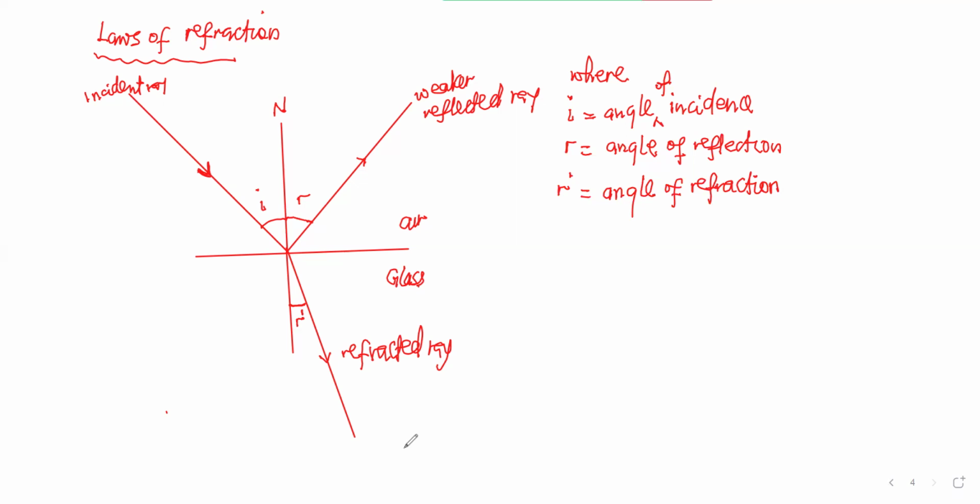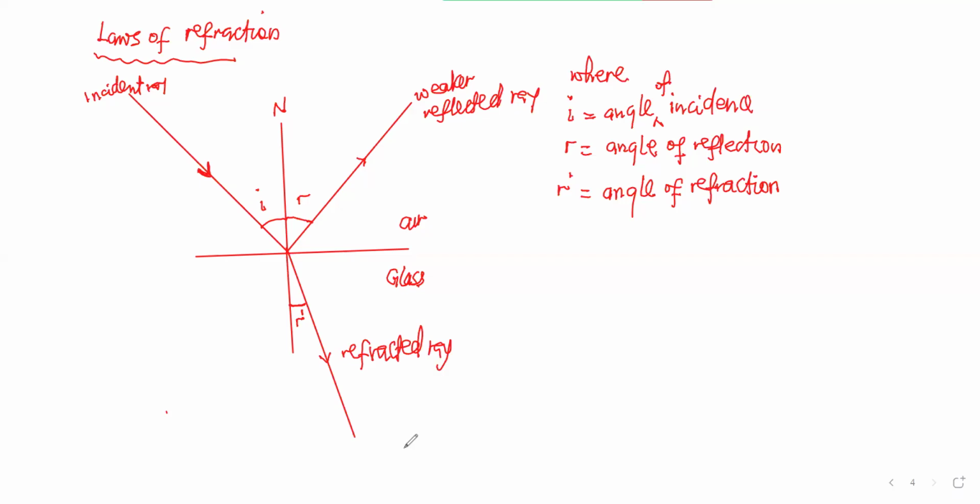Sir, please, is it always going to bend towards the normal? It will bend towards the normal if the light is from a less dense medium to a more dense medium. So here we are looking at when the light is from air to glass. Glass is denser than air.